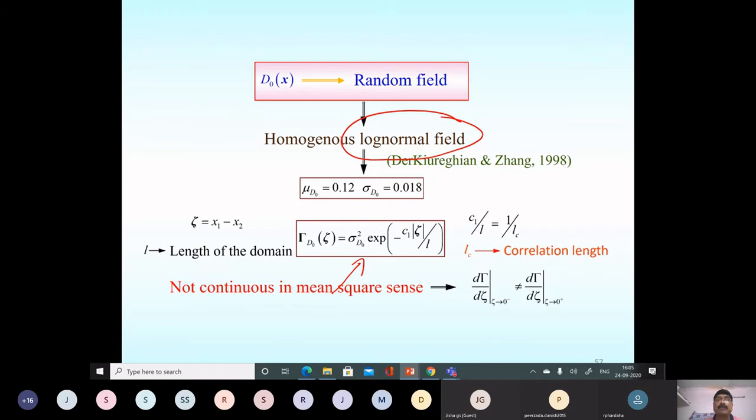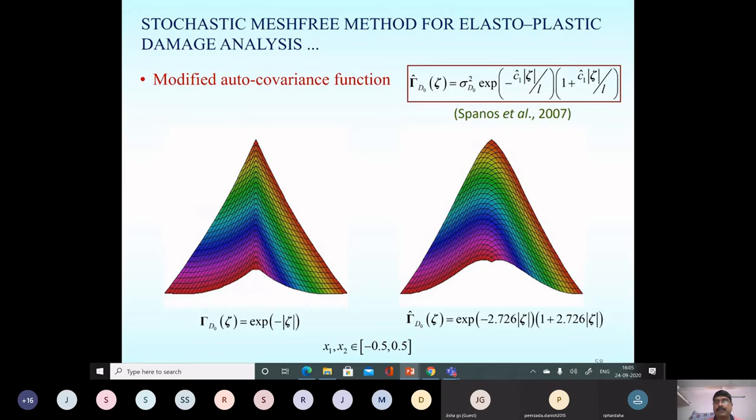So then actually you may have to use a modified covariance function proposed by Spanos. Okay, so you can see this is the exponential. You can see at x equal to 0, the derivatives don't exist. How this is a very smooth transition. Okay, so I have this log normal field, and what I do is I convert that into a Gaussian field by taking the exponential function.